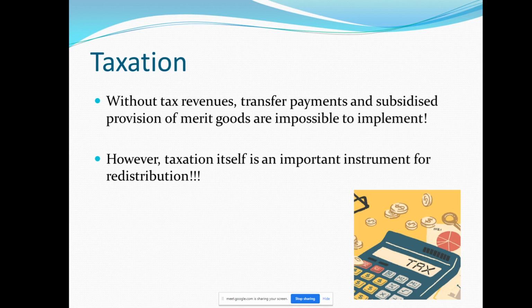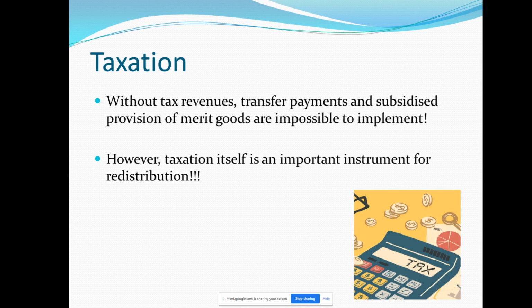Taxation itself is so important because without it, when you talk about transfer payments, subsidies, and the provision of something, they will be impossible to make, because they all need money in order to provide transfer payments, subsidies, and government provision. So taxation is very essential in a country.